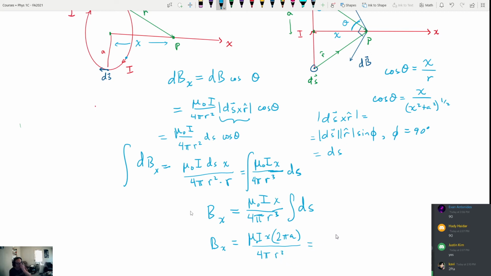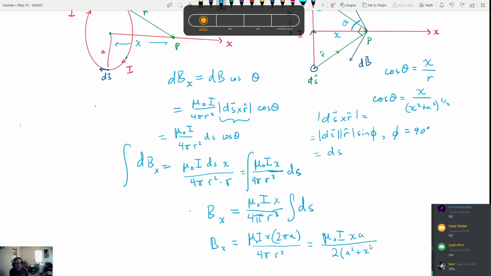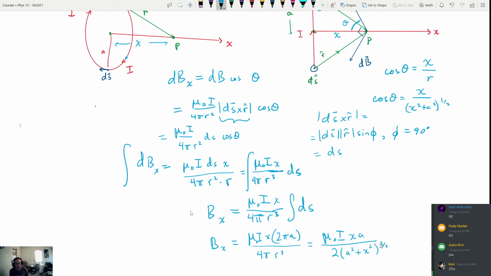And the final thing that we can do is replace r with x and a. So we can write it as mu naught I. One of the 2 pi's will cancel, and there'll be a 2 left over in the denominator. So we'll have mu naught x a divided by 2 times r cubed, which is a squared plus x squared to the 3/2 power, because r is equal to a squared plus x squared to the 1/2 power.